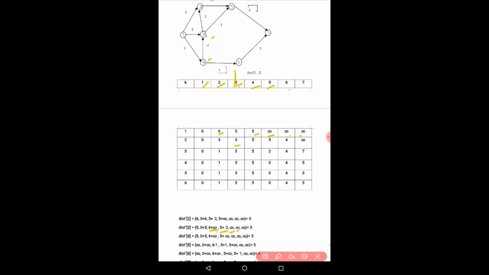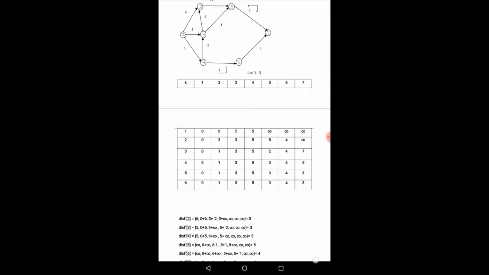Sixth and seventh also are infinity, so I will write infinity. So here the minimum value from all this is 5 minus 2, that is 3. Now I have completed this cell.